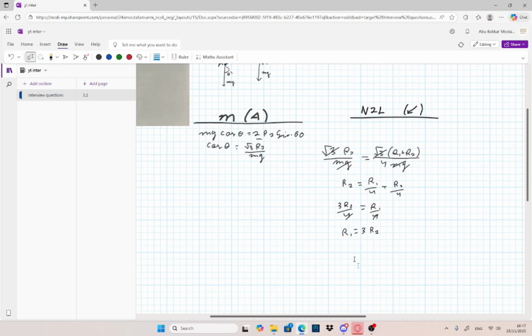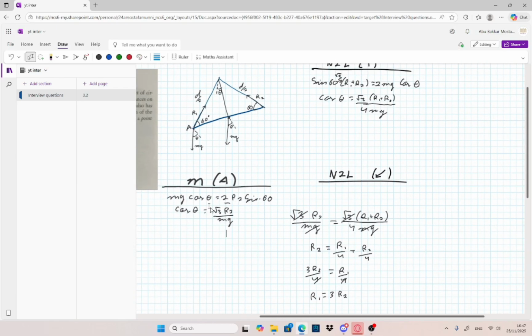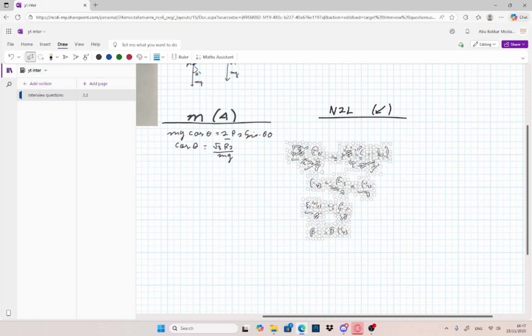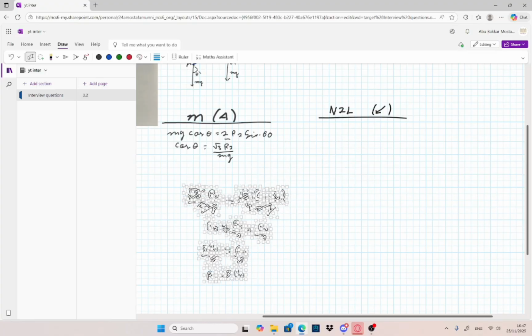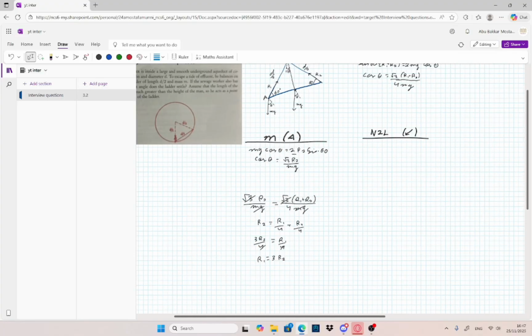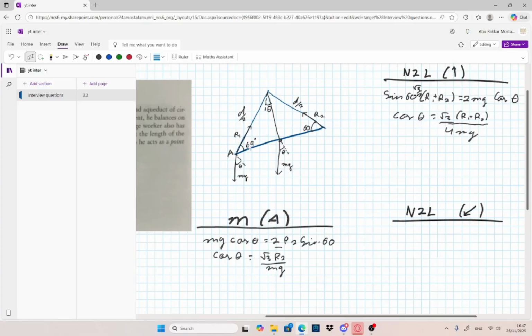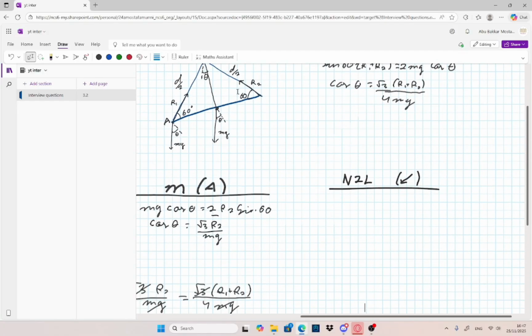Anyways, we have the relationship between R1 and R2, and we have an expression for cos theta. The next thing that we're going to do is resolve the vectors not horizontally, but parallel to the ladder. So to do that, we're going to resolve the angles from this way and this way.